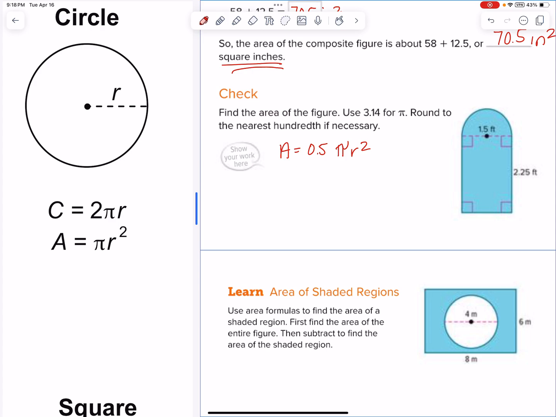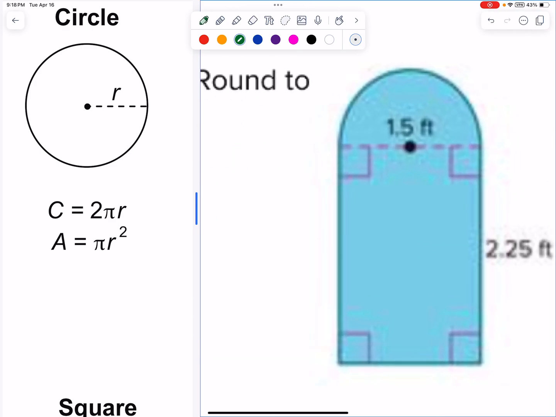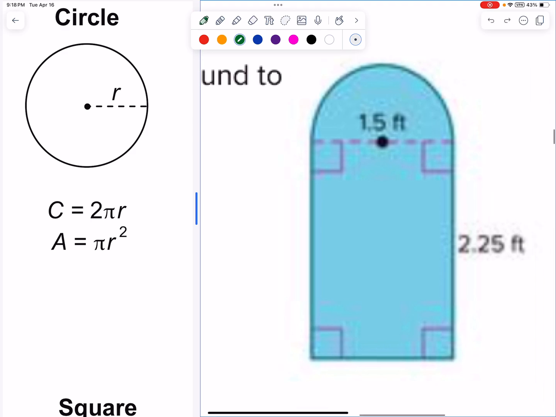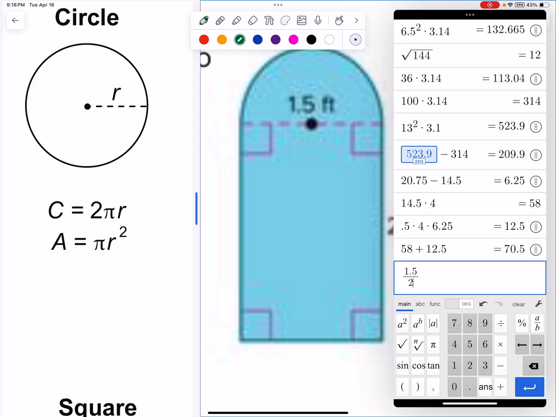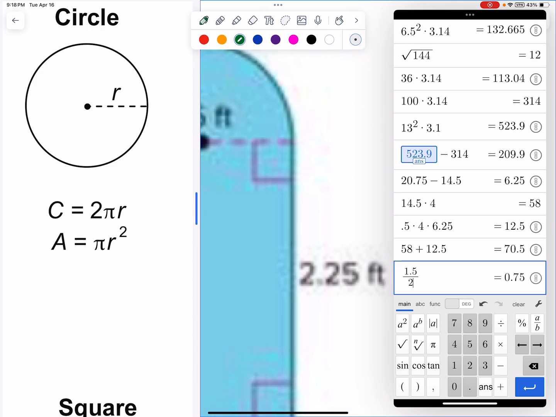Let's go ahead and substitute everything. So we have area equals 0.5 times 3.14 times a radius, and you have to look then, is this diameter or radius? Well, it's not written over here, it's written in the center. So this is our diameter. So let's find the radius, 1.5 divided by 2. Our radius is actually 0.75.